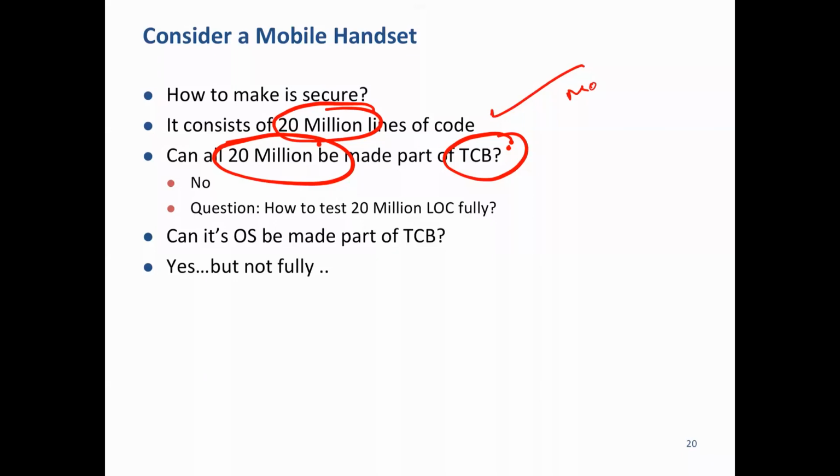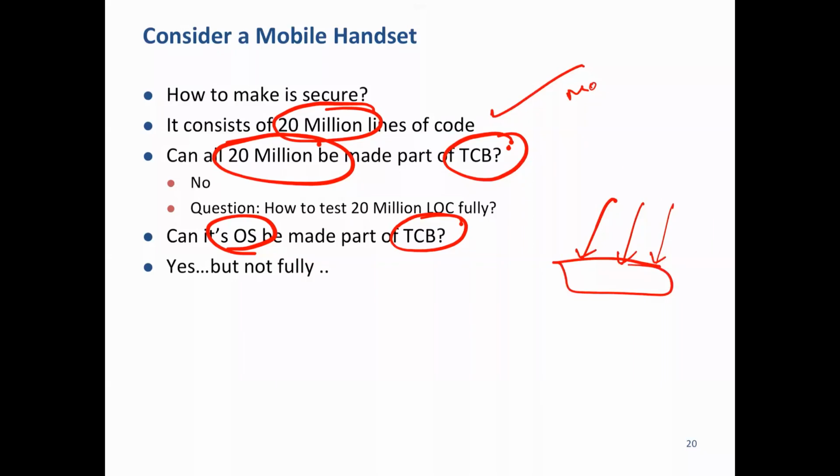Nobody is going to do 20 million lines of testing before releasing a mobile handset. It's impossible. Okay. Now, however, in this operating system, say Android or Symbian or whatever it is, we can create a small TCB and make sure that all the inputs pass through that TCB.